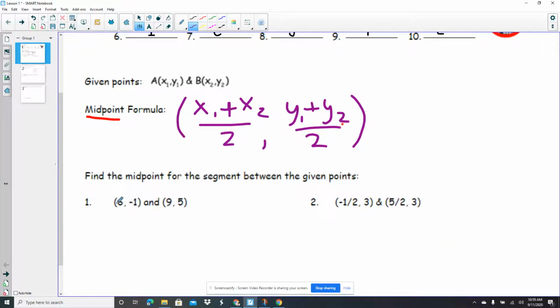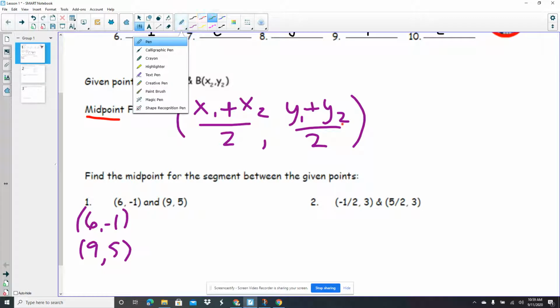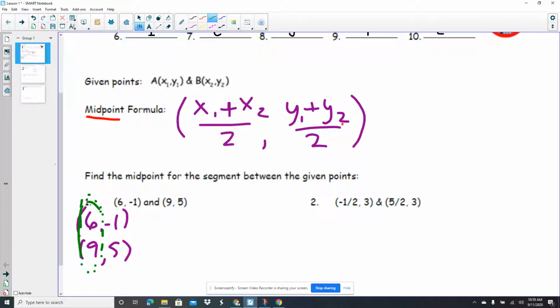You can pause me and try it, and I will put down the answers. And you can check, see how you do. I personally like to put my points right on top of each other, so that way I don't match an x with a y and vice versa. When they're lined up vertically like this, it really helps me. So I'm going to add the 6 in the middle, divided by 2.